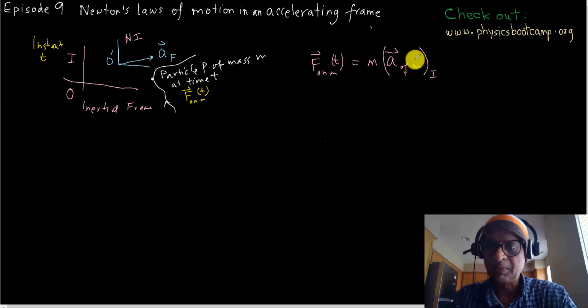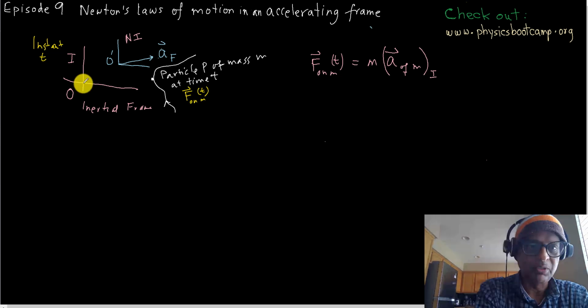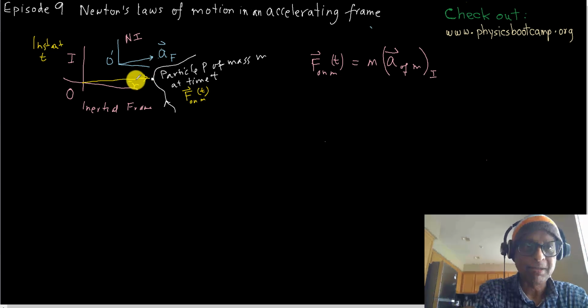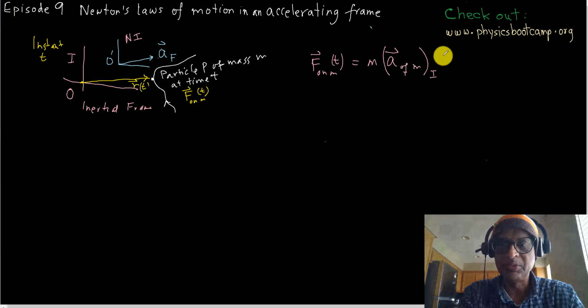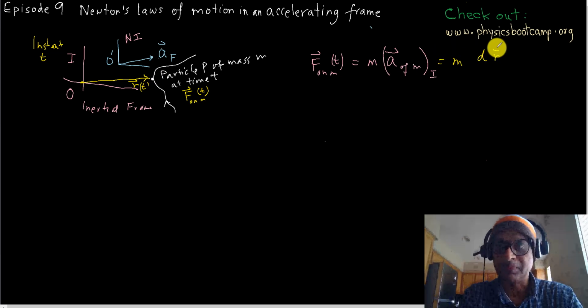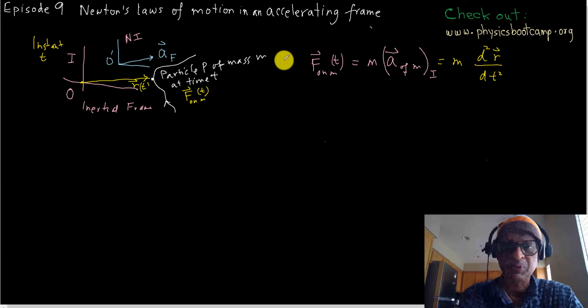Now what is that? Well, we can actually write that out. If this is R at instant t, from the origin to the place where the particle is, then this is just equal to M d²R/dt². That's by definition. Okay, so this is my equation.